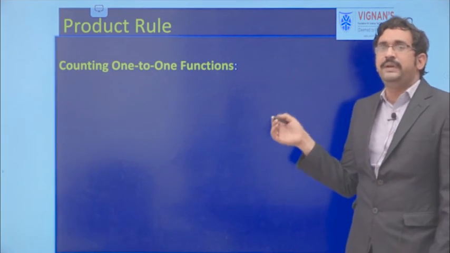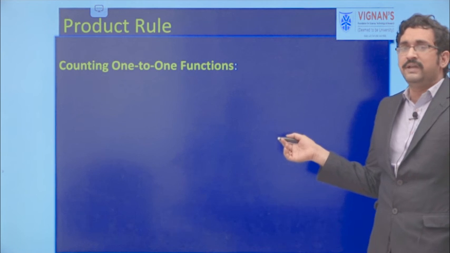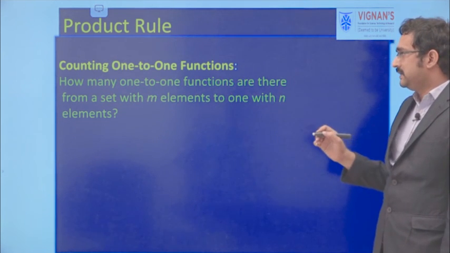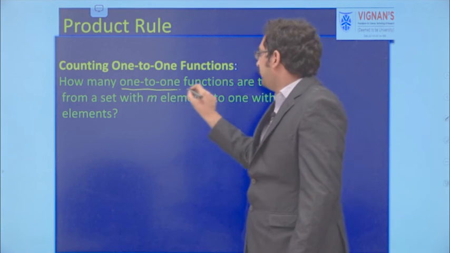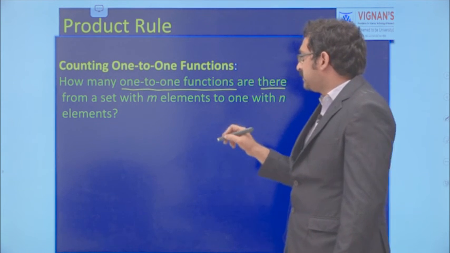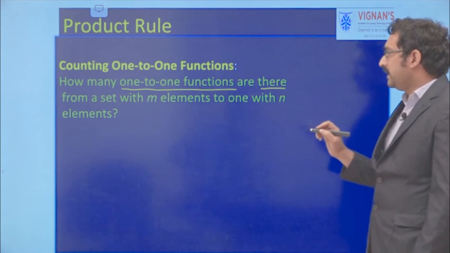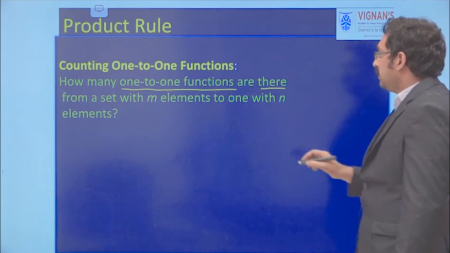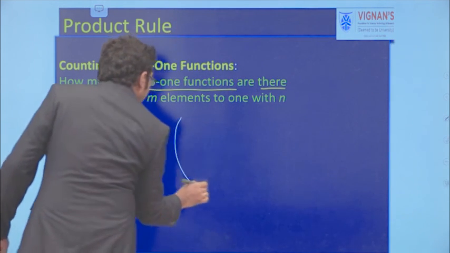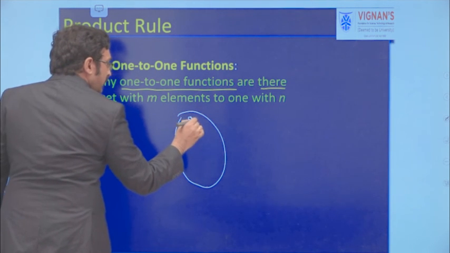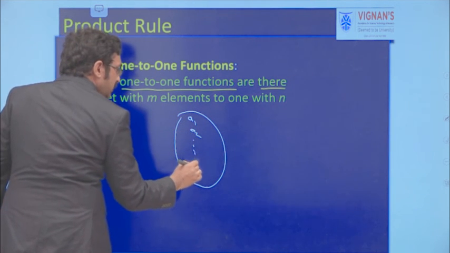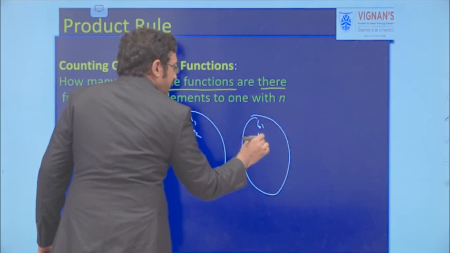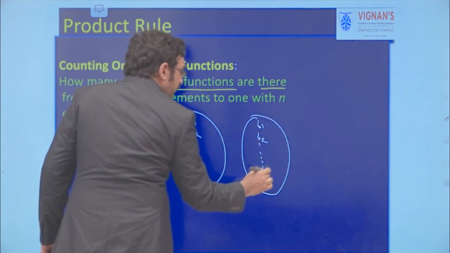Product rule can also be used to count the number of one-to-one functions from one set to another set. Here the problem is given like that. How many one-to-one functions are there from a set with m elements to another set with n elements? For example, a set is containing m elements, a1, a2 and so on, am. Another set is containing n elements, b1, b2 and so on, bn.